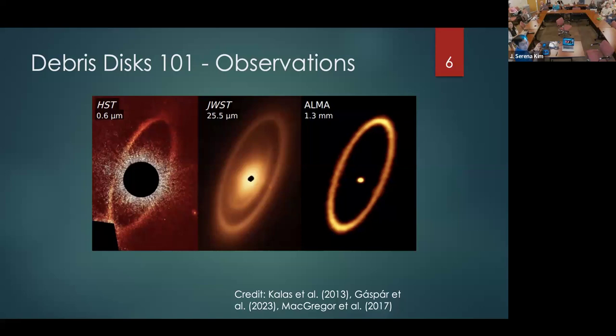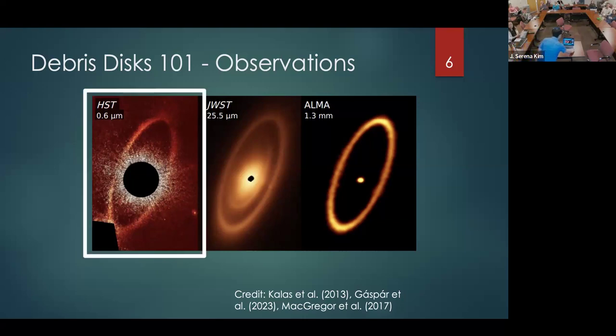This is an infographic comparing observations of the debris disk around Fomalhaut at all these different wavelengths. We have the visible with HST STIS, all the way to the millimeter with ALMA continuum imaging. And you see this really nicely resolved ring type structure.